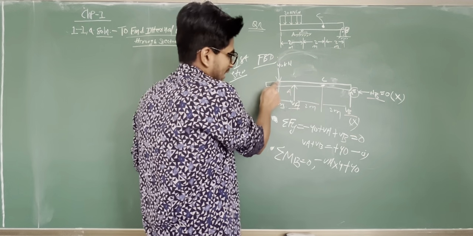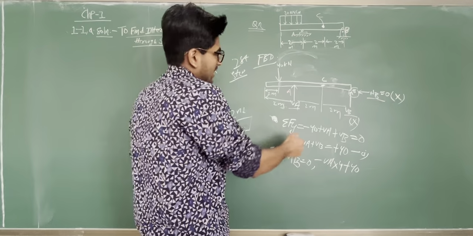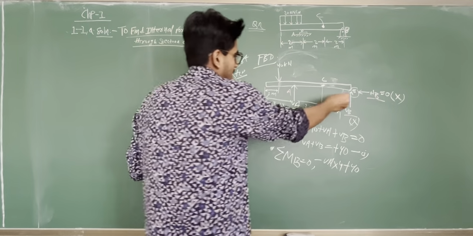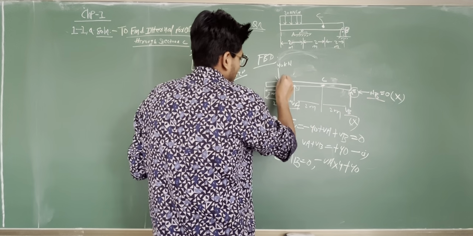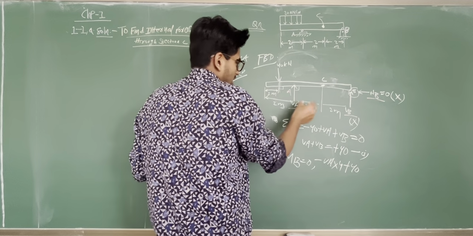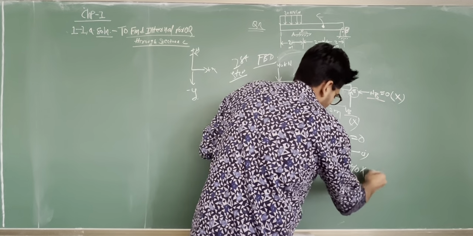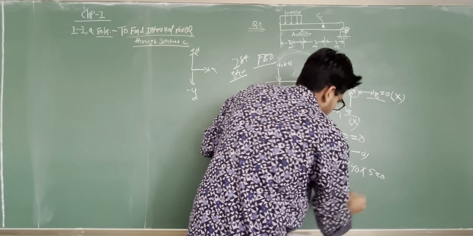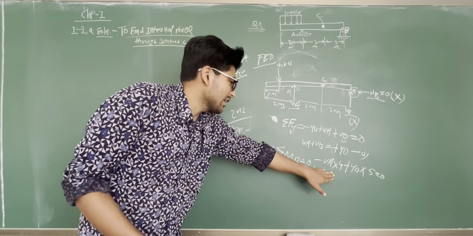And the distance is a perpendicular distance, right? From here to here, it's a perpendicular distance. So from here, 1, 2 to 4, 1 and 5, plus 40 into 5 equals to 0. We can easily find VA from here.